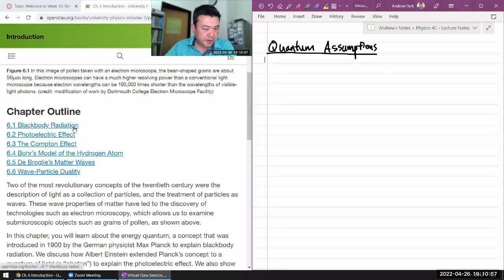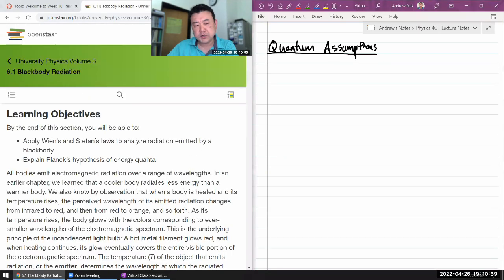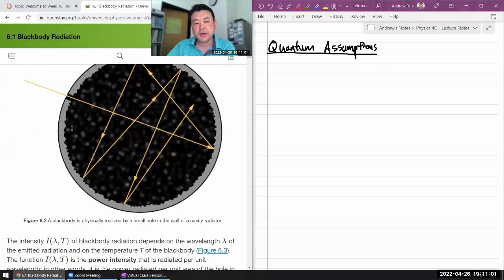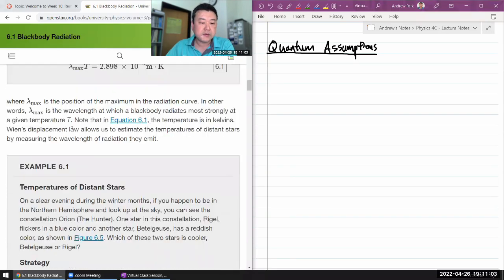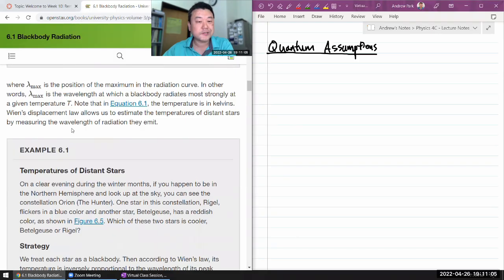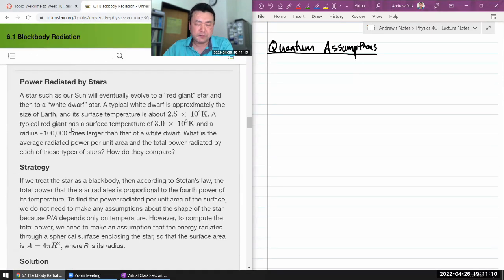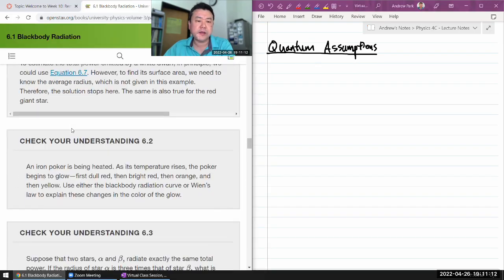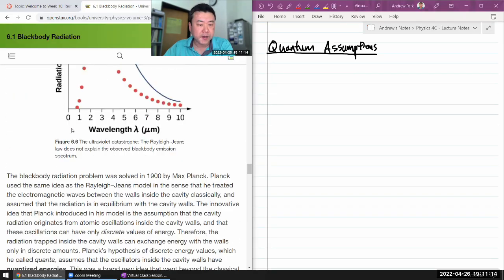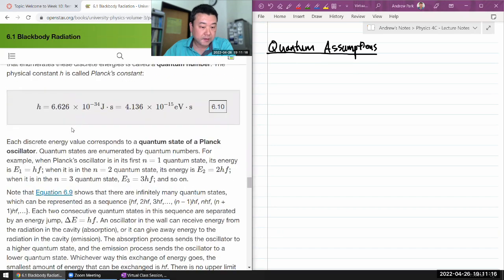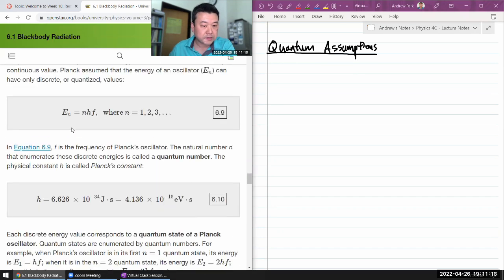The first of those assumptions was introduced by Max Planck as he was trying to develop what we call Planck's law, which explains the black body radiation spectrum. He introduced the assumption that the energy of an oscillator can have only discrete, quantized values.